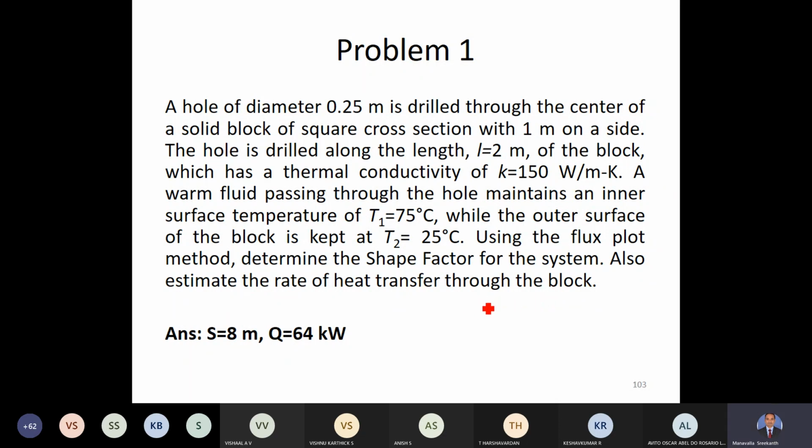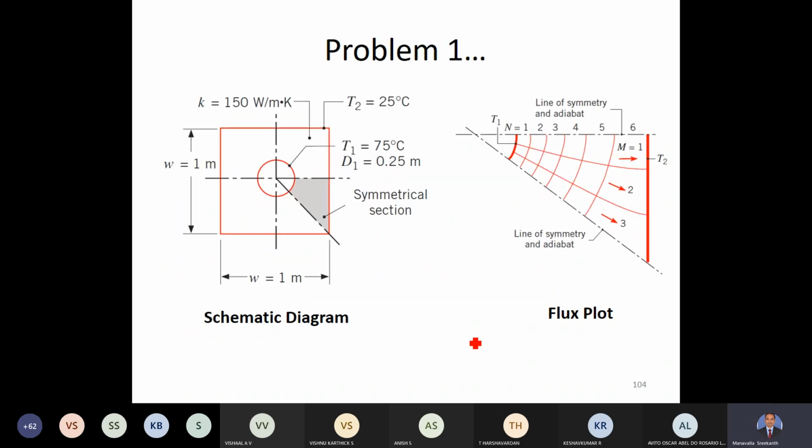Okay, so shape factor can be found out using this formula, ML by N. Firstly, to solve this, the flux plot has to be constructed. That has been already done, and you see that these are the lines of symmetry.